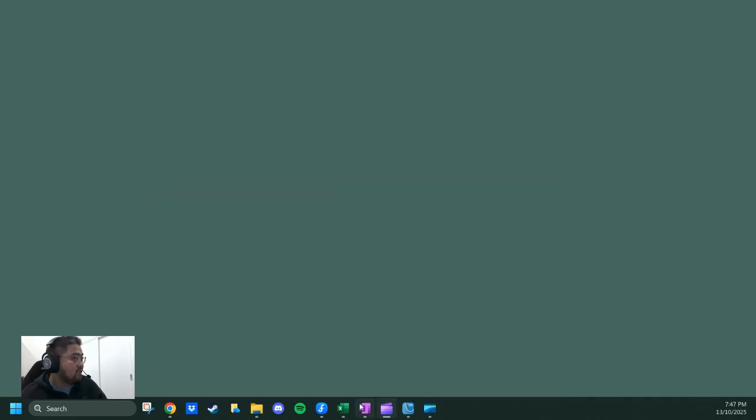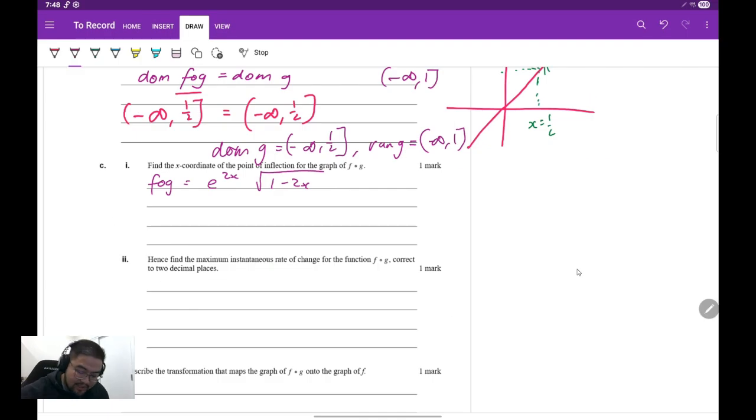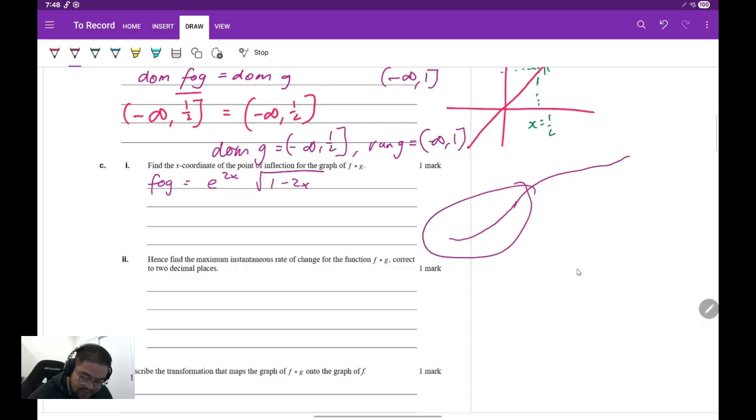Actually, on that note, it's important to recognize, are we asking to find a stationary point of inflection, or is it a point of inflection? Keep in mind there's differences between the two. When we're talking about point of inflection, it's really when the concavity of the graph changes. Imagine a graph going positive, but then it turns to a different shape where you can see there's concave up and eventually it becomes concave down.